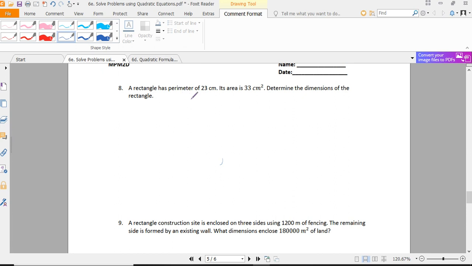A rectangle has a perimeter of 23 centimeters. Determine the dimensions of the rectangle, given its area is 33.